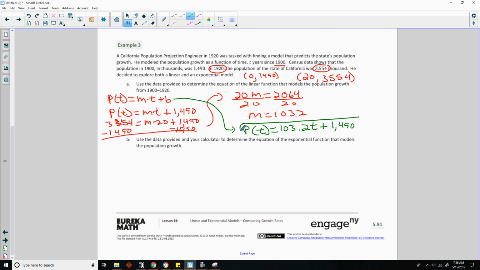So there's the equation of my line. I don't want to call this P of t because they're two different functions. So for population growth, I'll call this g of t.